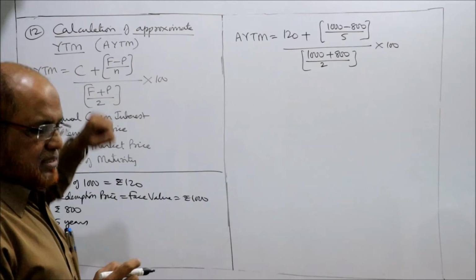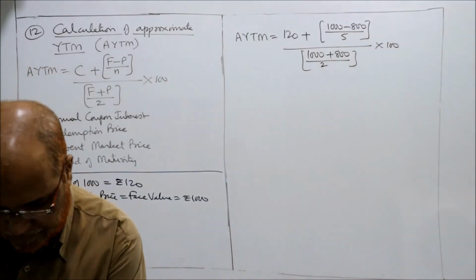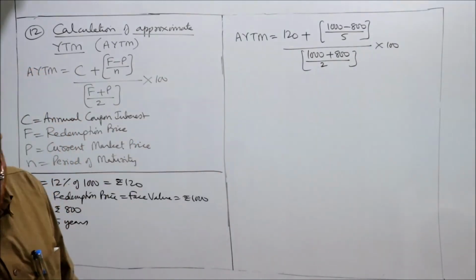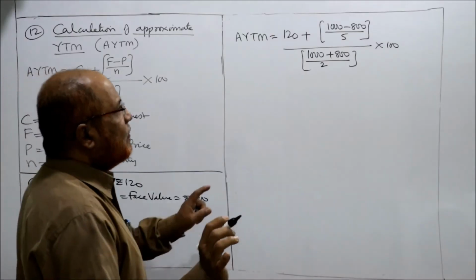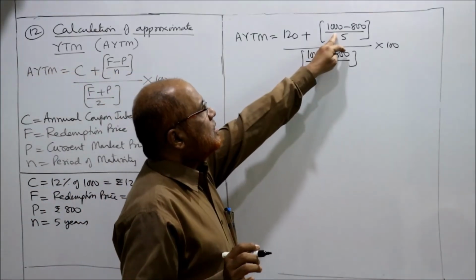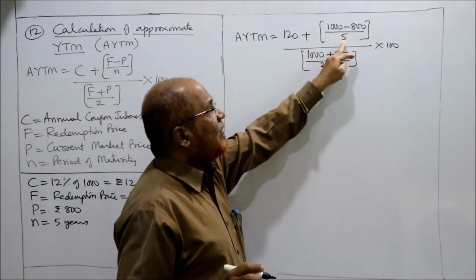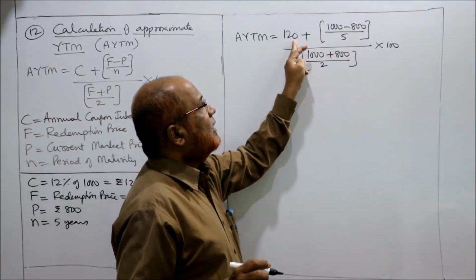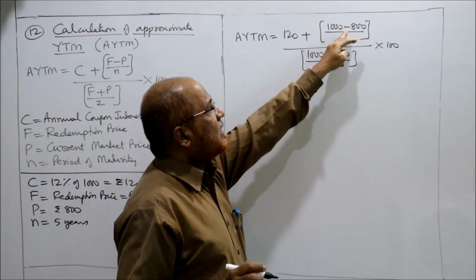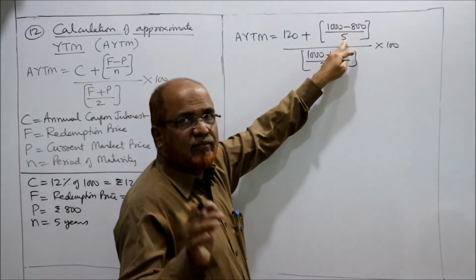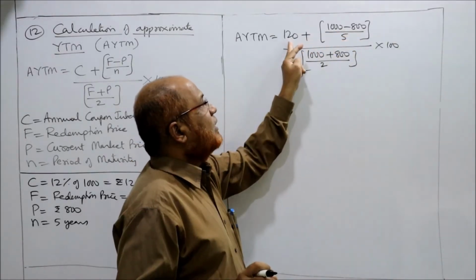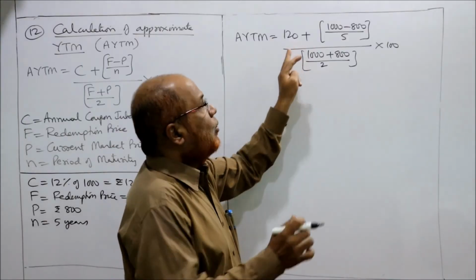So that is equal to 1000 minus 800, you will get 200 divided by 5 करने के बाद 120 को ऐड कर देंगे. पहले यहाँ से स्टार्ट करेंगे. 1000 minus 800 divided by 5, whatever you get plus 120.